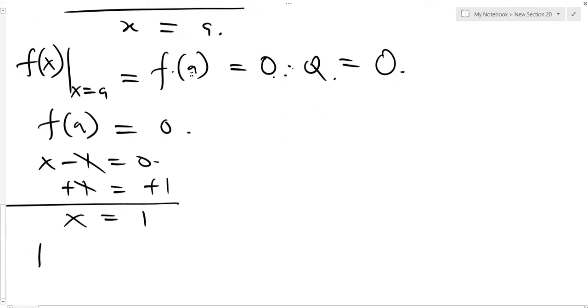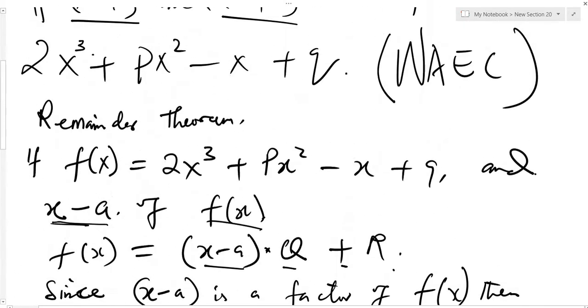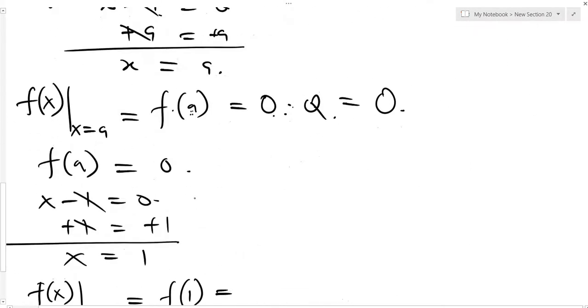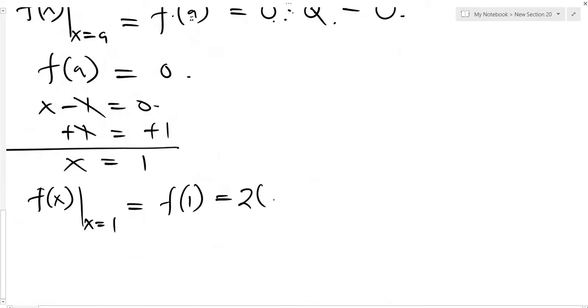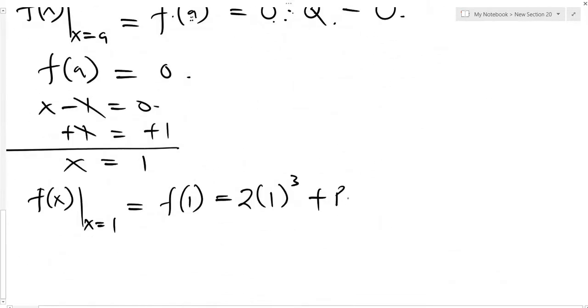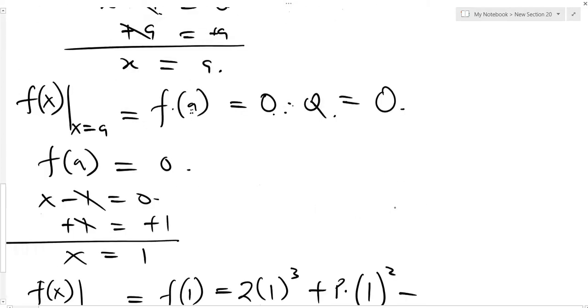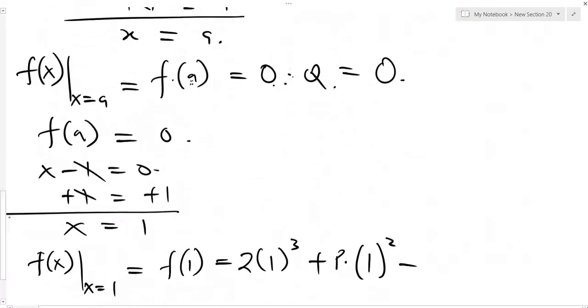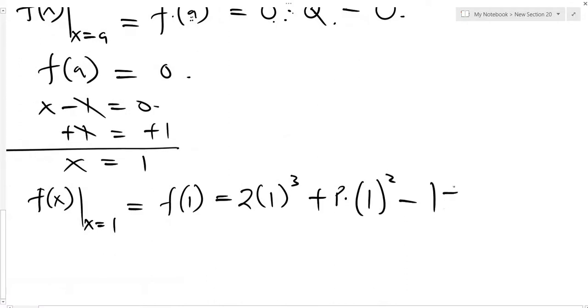Now that means f of x at x equal to 1 is f of 1, which is equal to, if you put 1 here, you have 1 raised to power 3 plus p times 1 raised to power 2 minus 1 plus q.